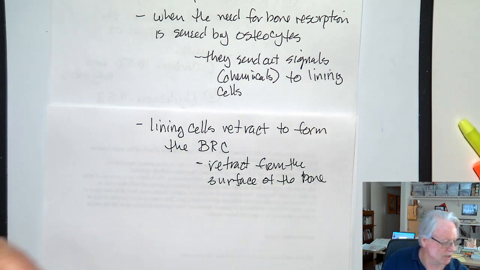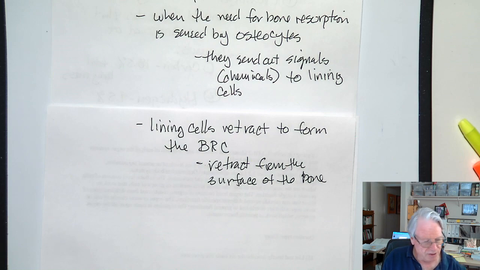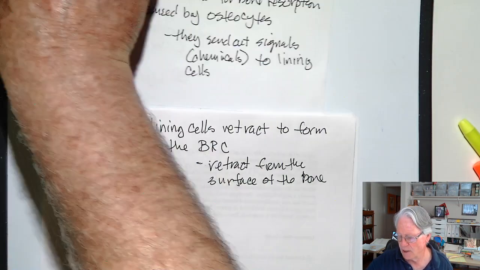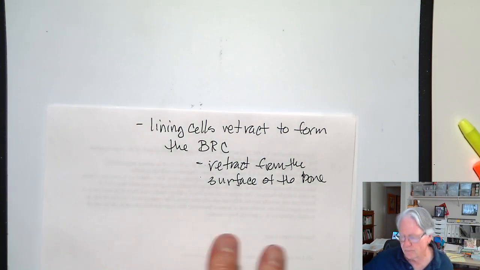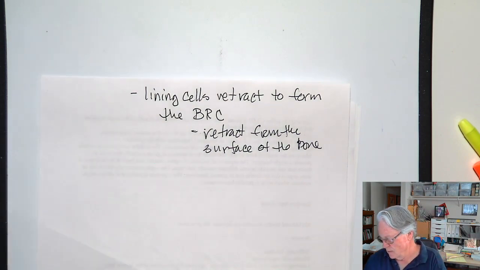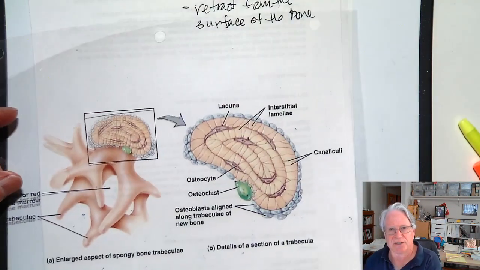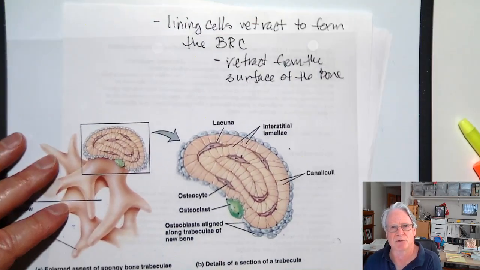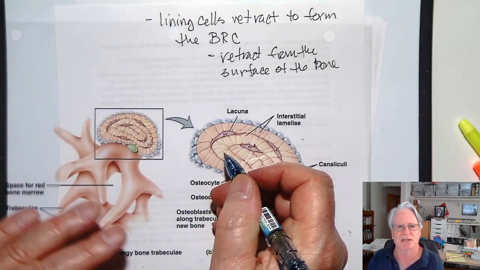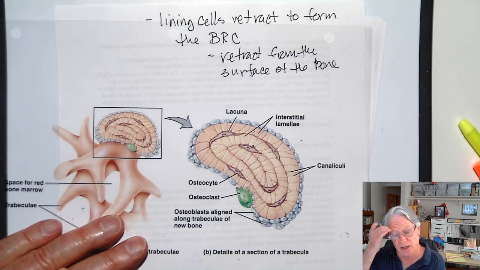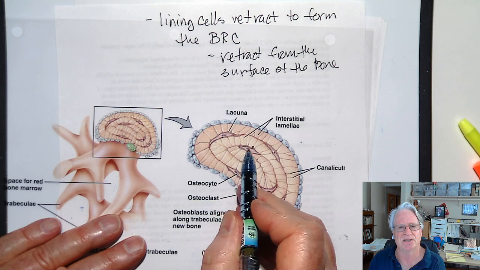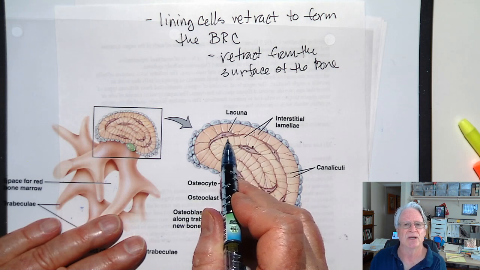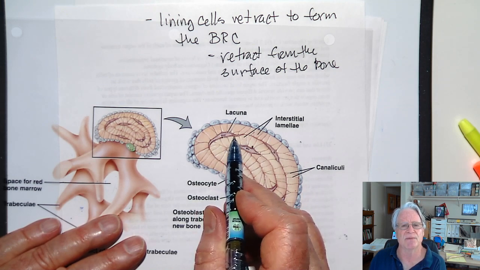Okay, so let's take a couple of pictures first, and then we'll go into this. And I'm going to use this image here. It's already been nicely labeled and lays out exactly what we want to talk about here. So this is trabeculae. And let's say for whatever reason this needs to be remodeled. The osteocytes within the trabeculae are experiencing some sort of stress or some sort of signal that tells them that something needs to change.